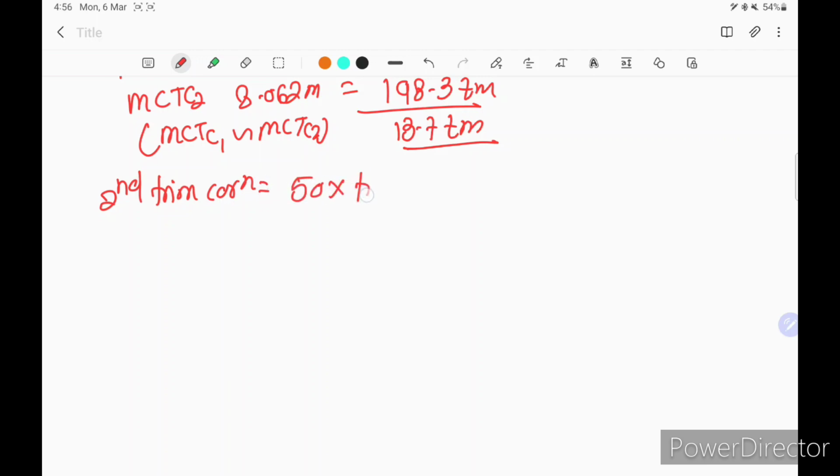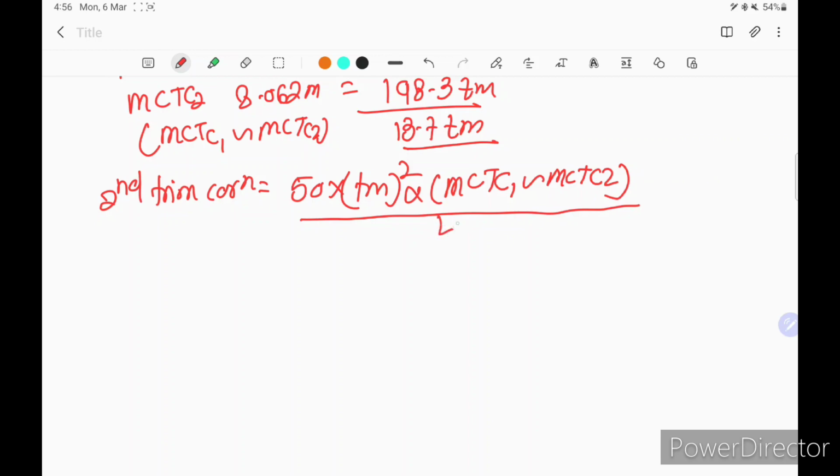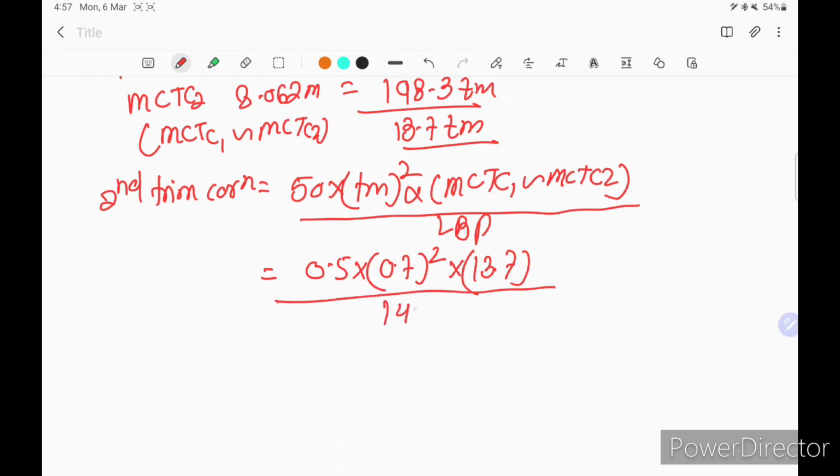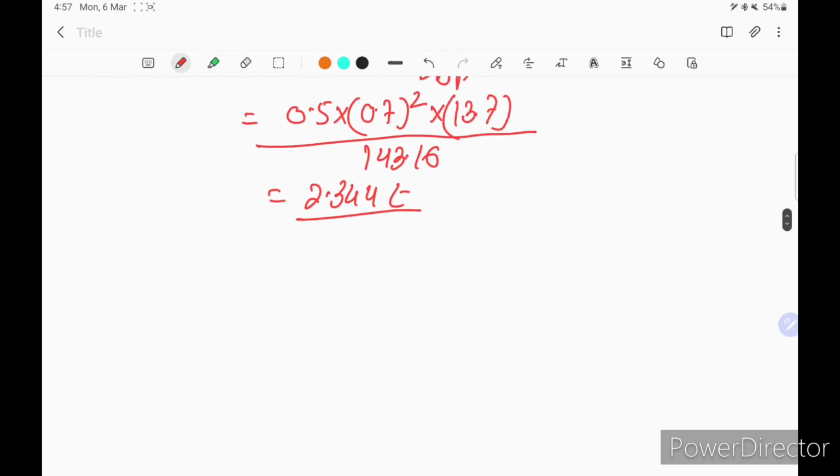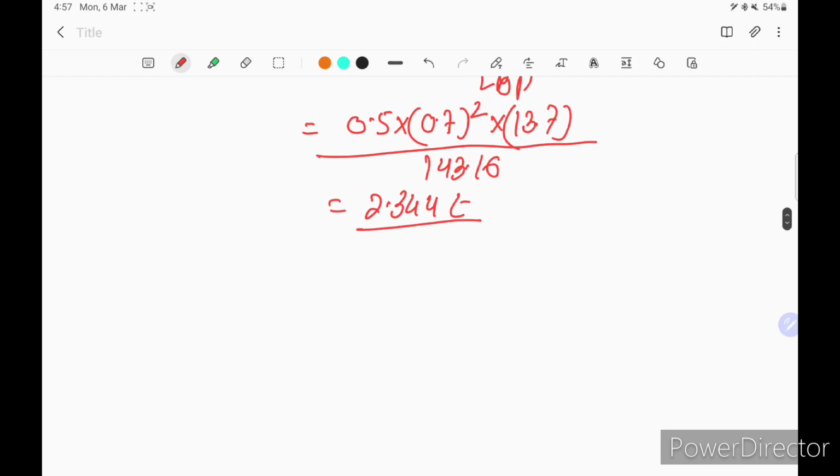So 50 into trim square into the MCTC difference. We put all the values in the formula and we get 2.344 tons. Since no list is given in the question, no need to apply the list correction.